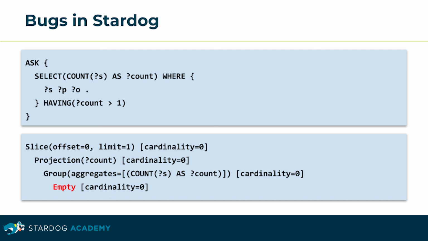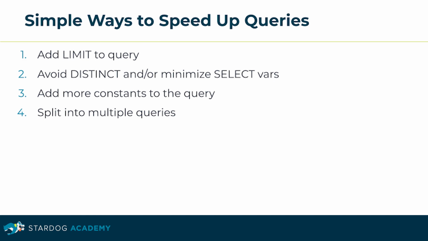And instead of having any type of scan or join, instead we have the empty node, which clearly should not be there. Now, in the event that you have found a query plan that you believe is incorrect, Stardog support, either through our official support channel or through our community support, is the recommended way to post your query plan and report the bug.